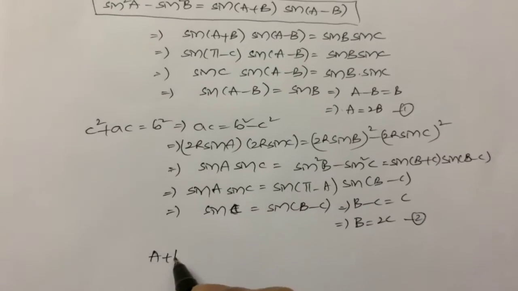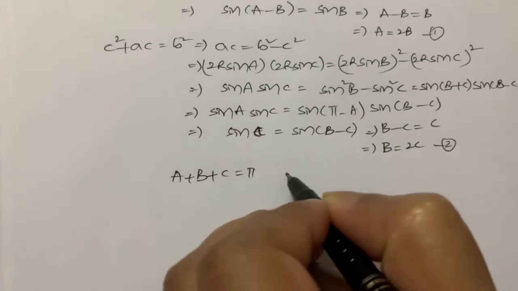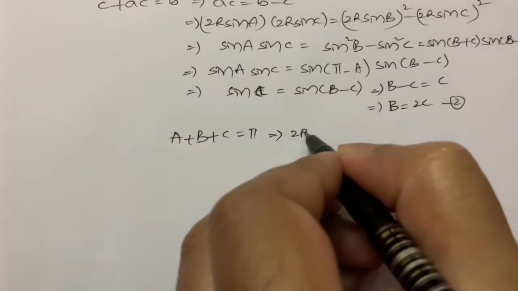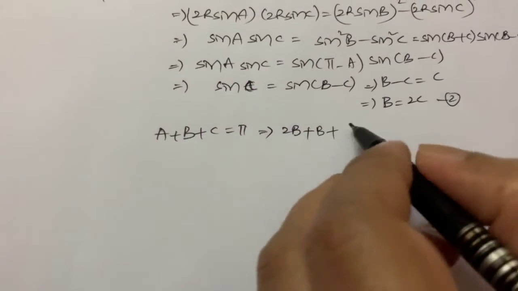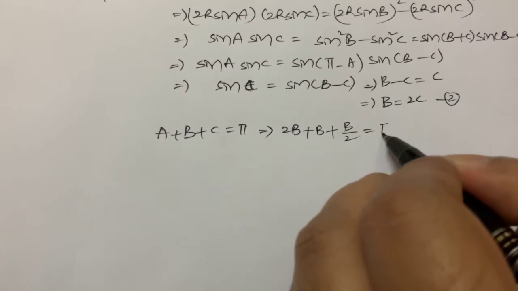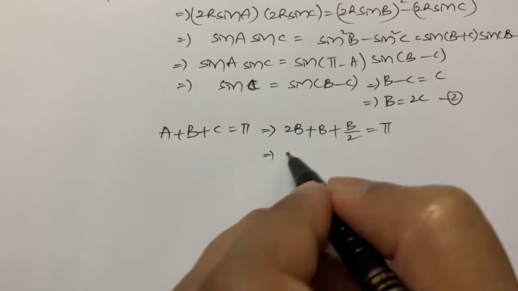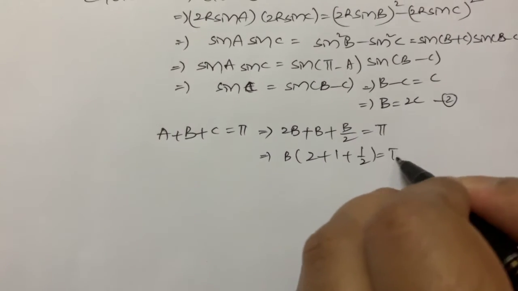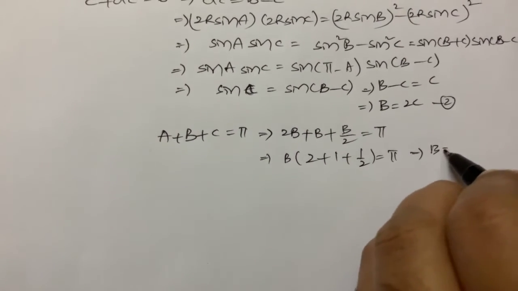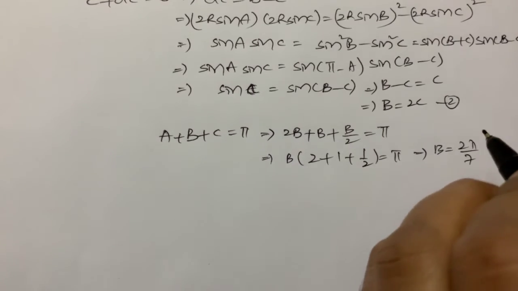So A + B + C = pi. What is A? A is 2B from relation 1. B is B. C is B/2. So B(2 + 1 + 1/2) = pi... so B = 2pi/7.